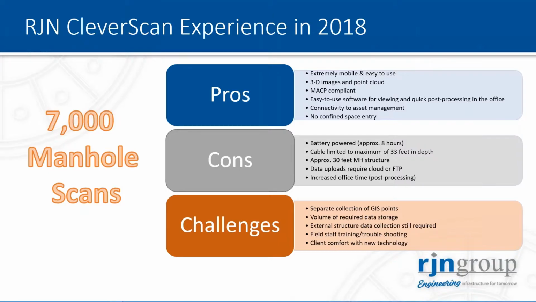In summary, from RJN's experience in reviewing the 7,000 manholes, we really enjoyed having a system that's very portable, can be easily taken into backyards, very mobile, and it provides a 3D image so that post-inspection, anyone reviewing that data, anywhere from someone in the field, clients who have public works staff who want to look at it, or somebody that is doing some engineering recommendations, and they like to go back and view the manhole in 3D without actually going out to the field.